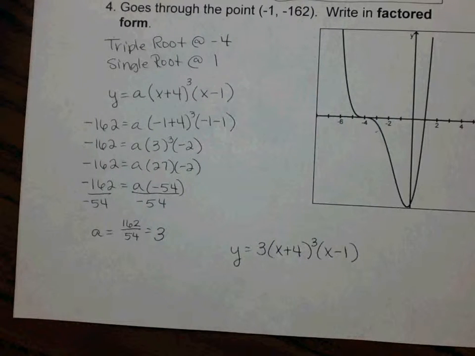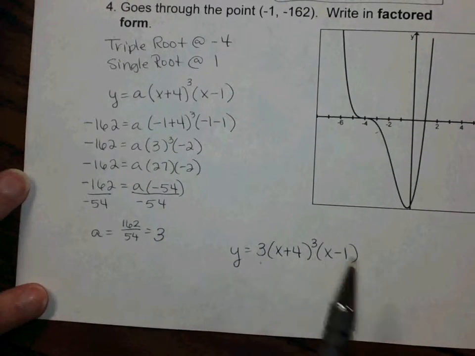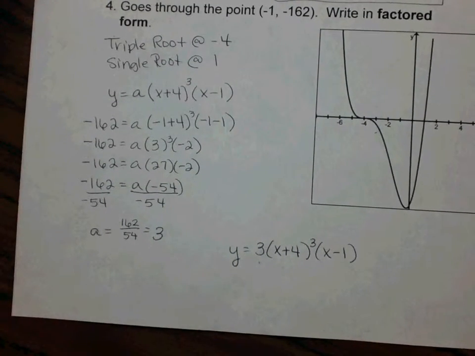Okay, you should get a equals 3. So when you substitute it back in, your answer becomes y equals 3 times x plus 4 cubed times x minus 1.